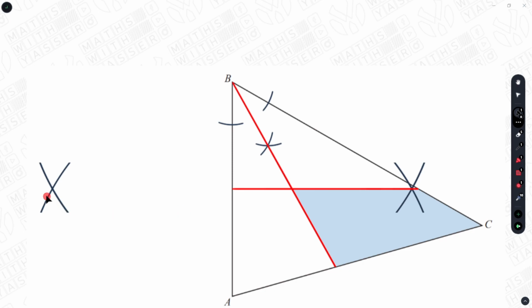So we will be placing the scale over here, but we will draw from this point of the triangle up to this point of the triangle.